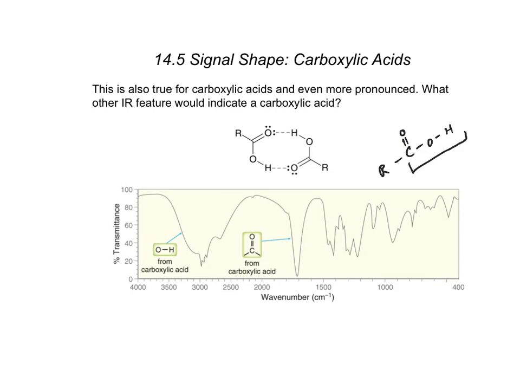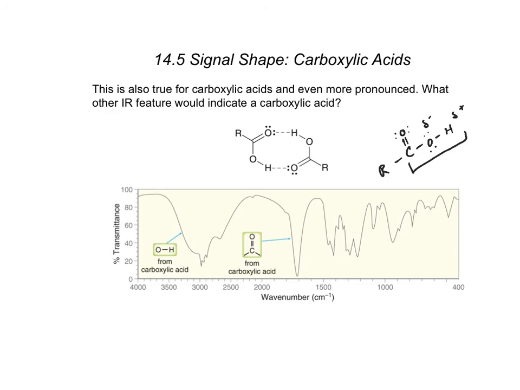Okay, so in a carboxylic acid, we see this exact same broadening, right? Because we still have a nice alcohol group on the end here, which is capable of hydrogen bonding. Now, the difference between carboxylic acids and alcohols is that we can actually get more hydrogen bonding, because in just an alcohol, all we had was a partial negative on the oxygen and a partial positive on the hydrogen.